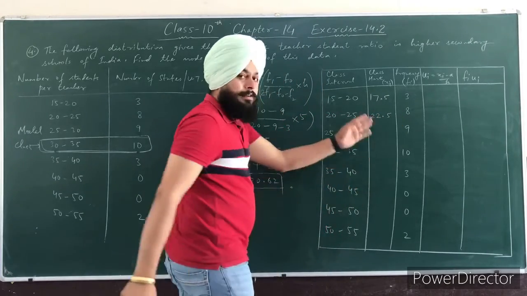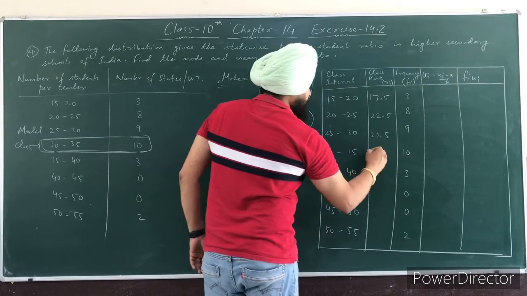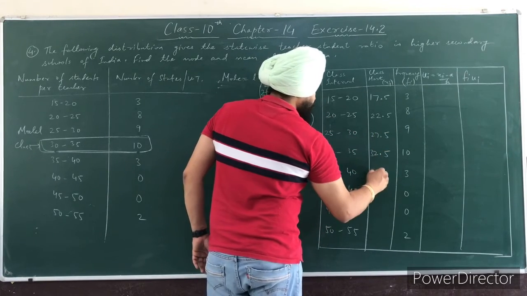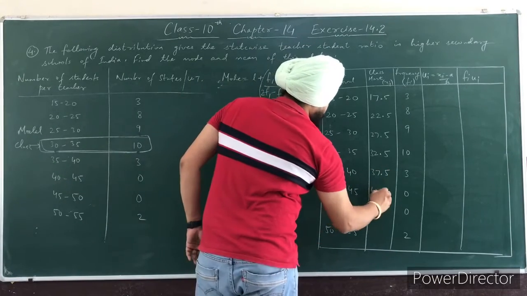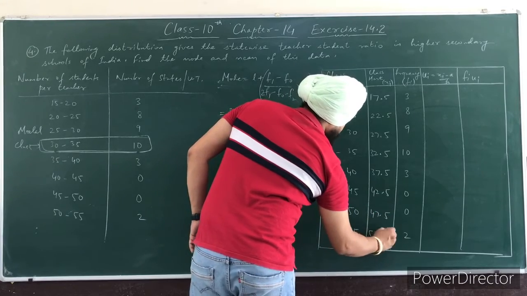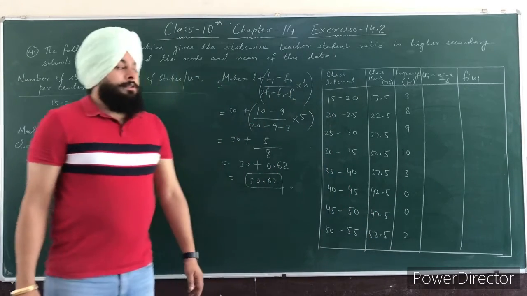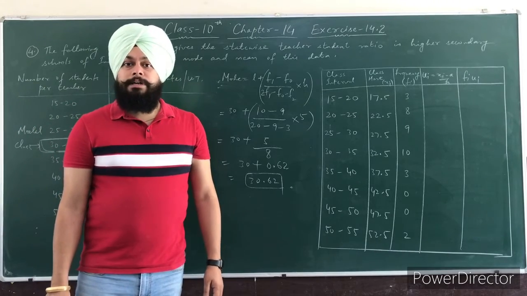Similarly, you can find the other class marks. So this is 27.5, 32.5, 37.5, 42.5, 47.5 and 52.5.